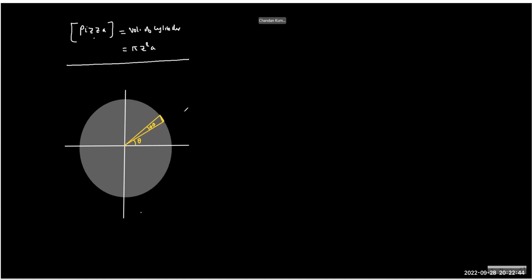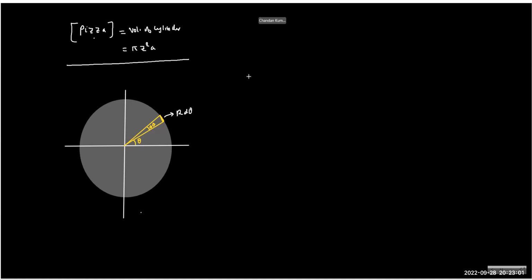So from the definition of angle, can you guys tell me what is this length? This length is how much? r d theta.